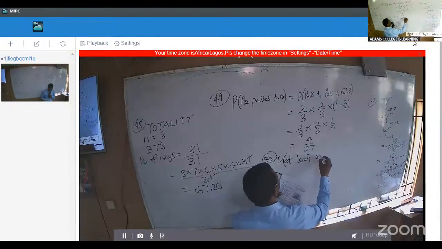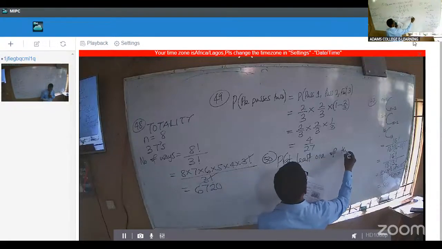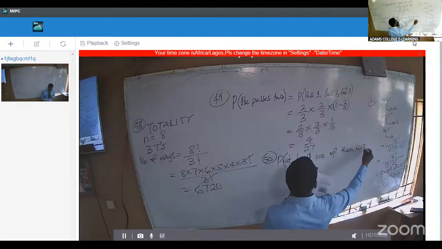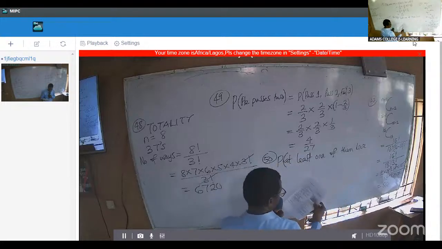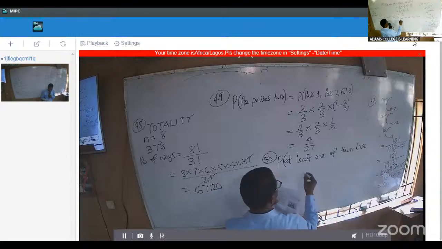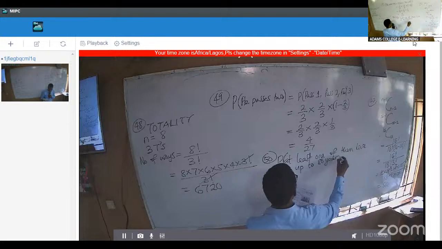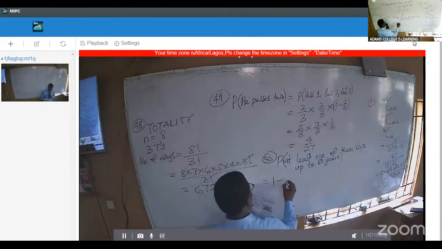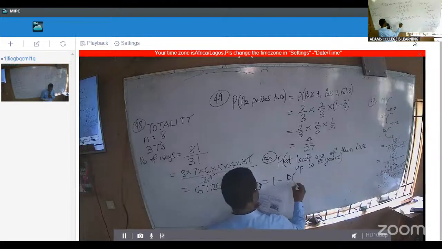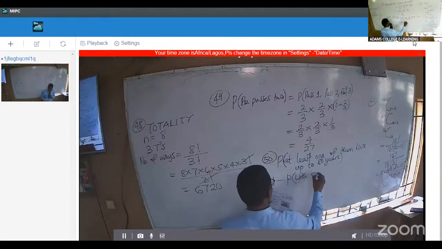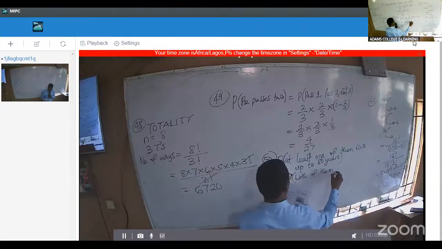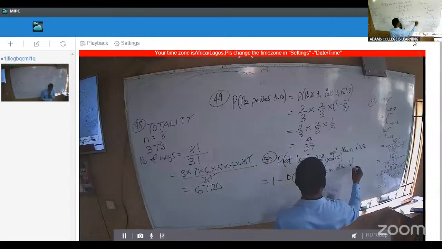At least one of them lives up to 80 years means 1 minus the probability that both of them die before 80. That's the faster method. Both of them die before 80 years.